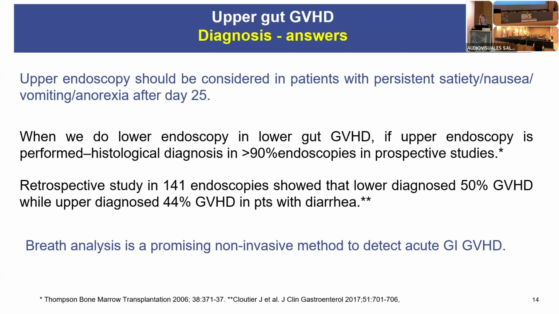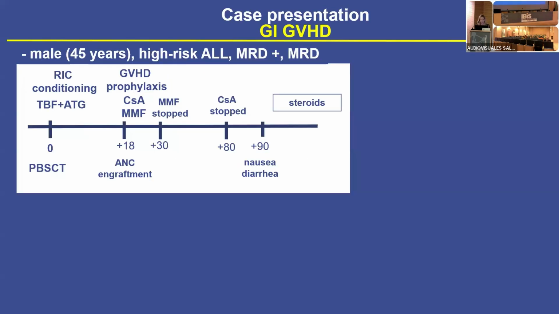And one other thing is that if you have a patient not with upper GI GvHD but with diarrhea, and you do a lower and upper endoscopy at the same time, you increase the positivity of histology to over 90% prospectively, meaning that doing both upper and lower endoscopy would make the confirmation of gut GvHD much higher.